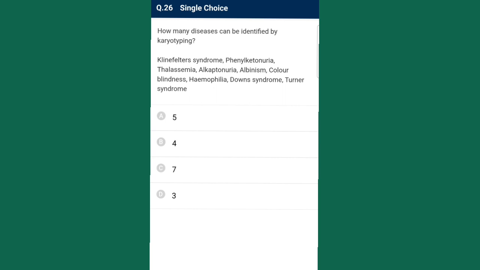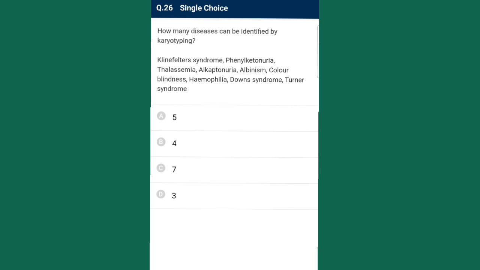Question number 26. How many diseases can be identified by karyotyping? See the diseases given. Karyotyping is simply a picture of a person's chromosomes. In order to get this picture, the chromosomes are isolated, stained and examined under a microscope.